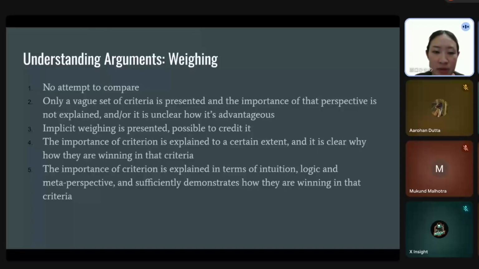The fifth level, the highest level, is that the importance of the criterion is explained in terms of intuition, logic, and meta perspective, and they sufficiently demonstrate how they're winning in that criteria.